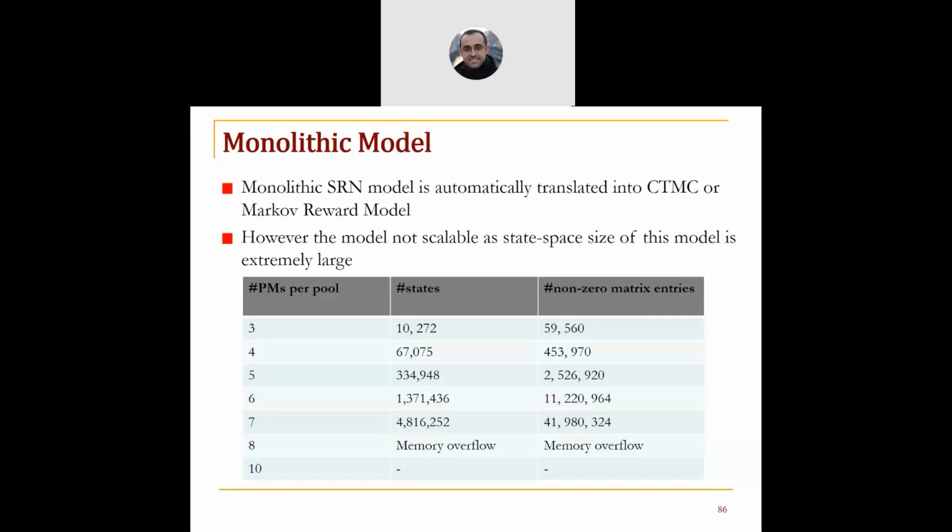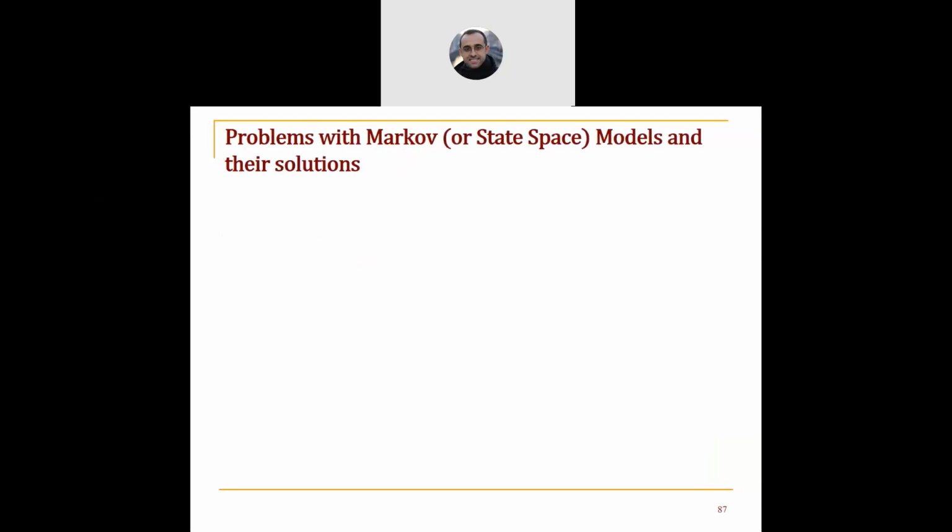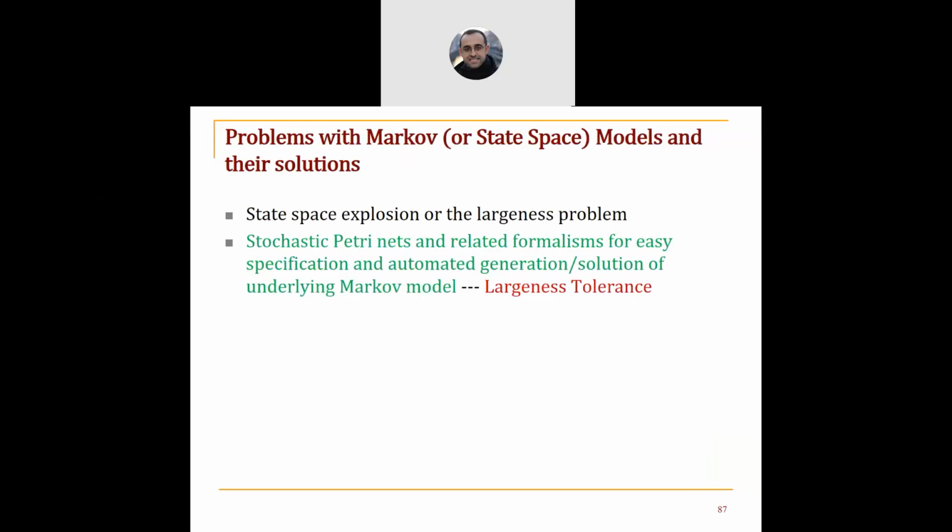And for any practical problem, it will very quickly exceed your ability to generate or store Markov chains, let alone solve. It turns out that the time to generate and space to store are the bottlenecks, not the time to solve the Markov chain. So we need to find an alternative method. State space explosion is still a problem.